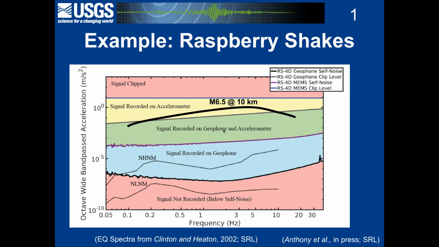Let's say you're in California and a magnitude 6.5 happens on the San Andreas and you're at 10 kilometers. You're not going to record this on the geophone because you're going to clip the geophone here, but you will see it on the accelerometer. And this is one of the reasons why these instruments are being proposed, because you could get peak ground acceleration of large events very close to the event.